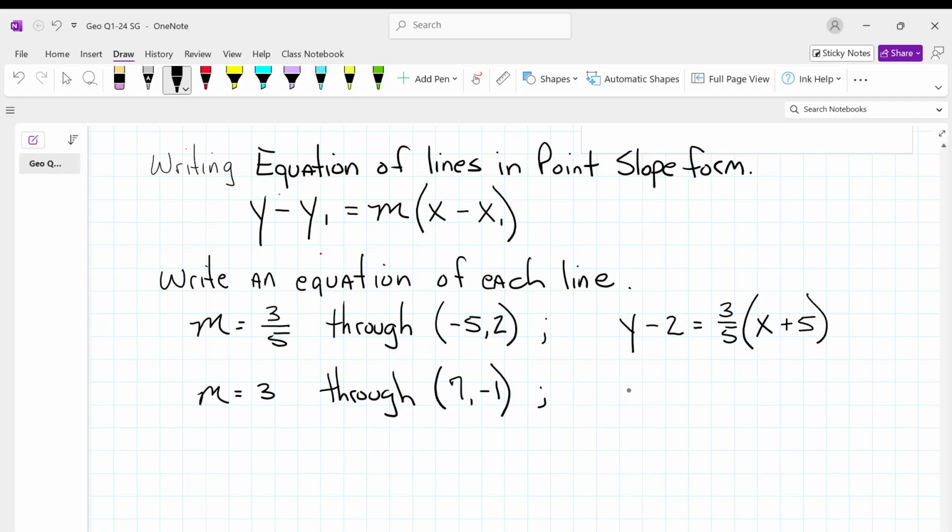So our equation is the letter y and the opposite of the y value given, so +1, equals the slope, which is 3, the letter x, and then the opposite of the x value given. So we would go with -7, close the parentheses, and you're finished.